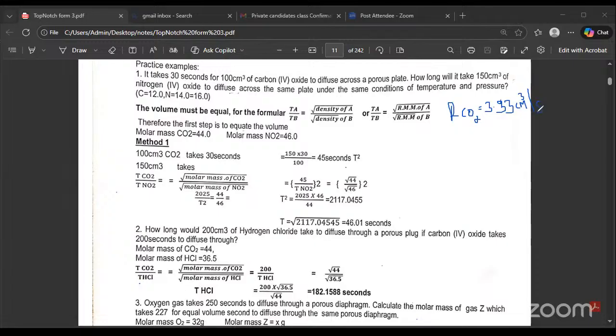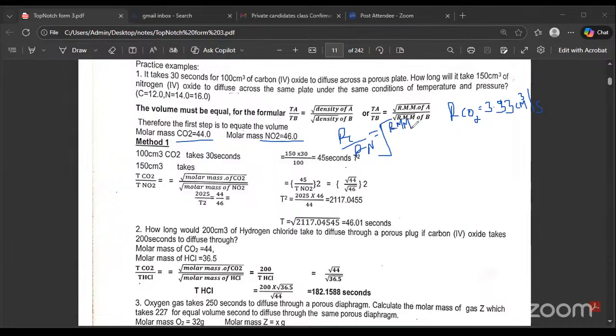So we have the RMMs already. Tulikuwa tumepewa RMMs. So we have 44 for CO2 and 46. So I just replace now using my formula. My formula was rate of CO2 over rate of N. Let me write rate C over rate N so that I keep time. I don't waste a lot of time. It is equal to the square root of RMM.